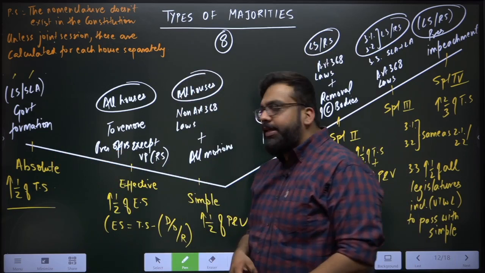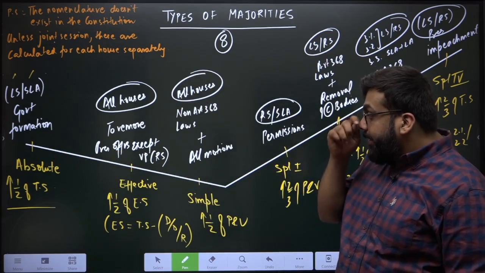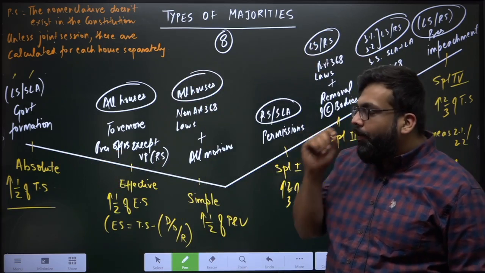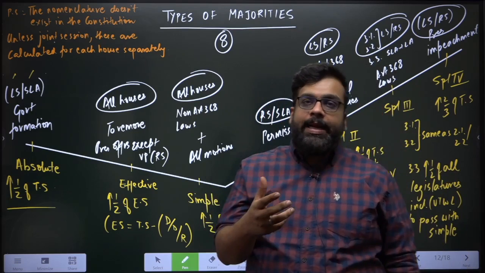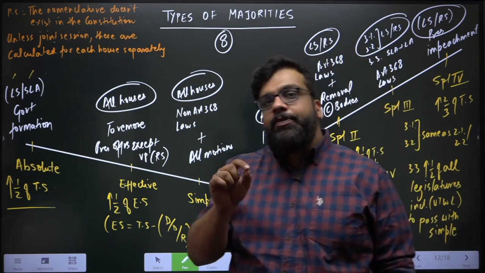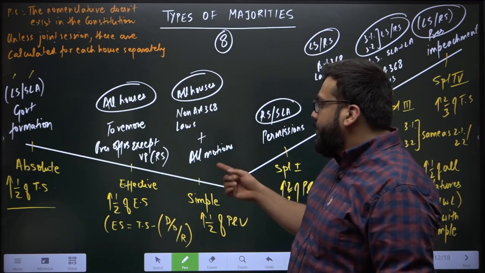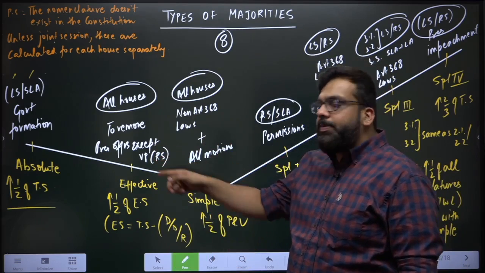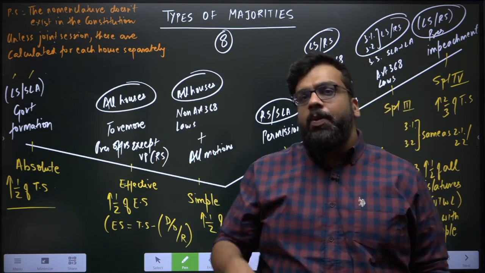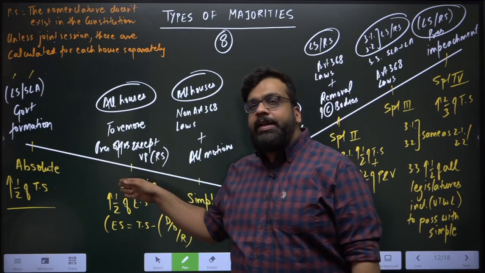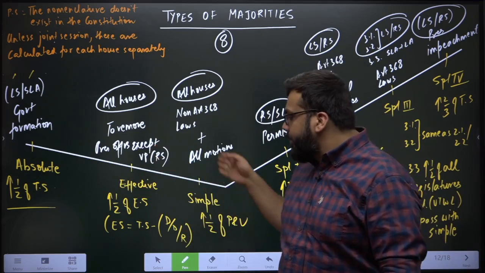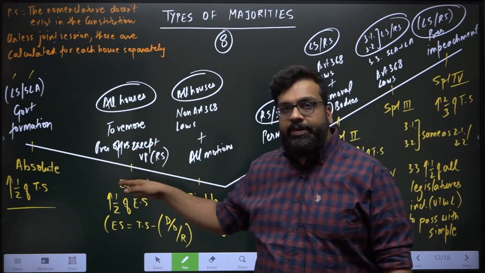Then you've got effective majority. Effective majority is used only and only to remove presiding officers, except for one presiding officer, which is the vice president, who also happens to be the chairperson of the Rajya Sabha, wherein you do use effective majority, but you also use simple majority after effective majority.